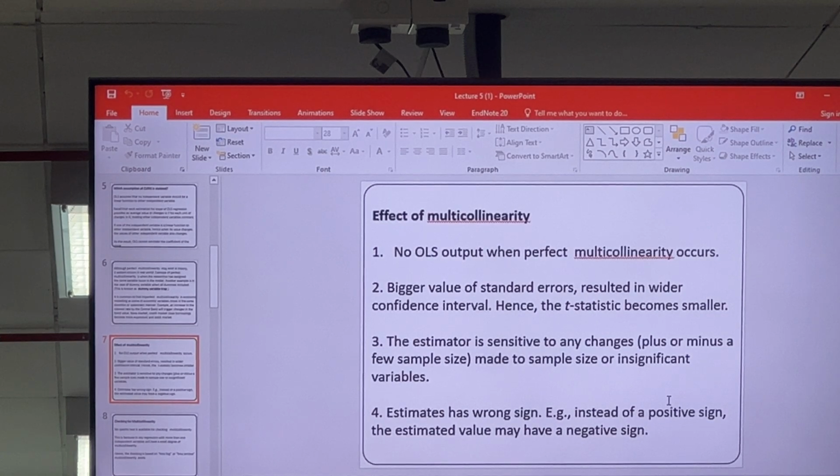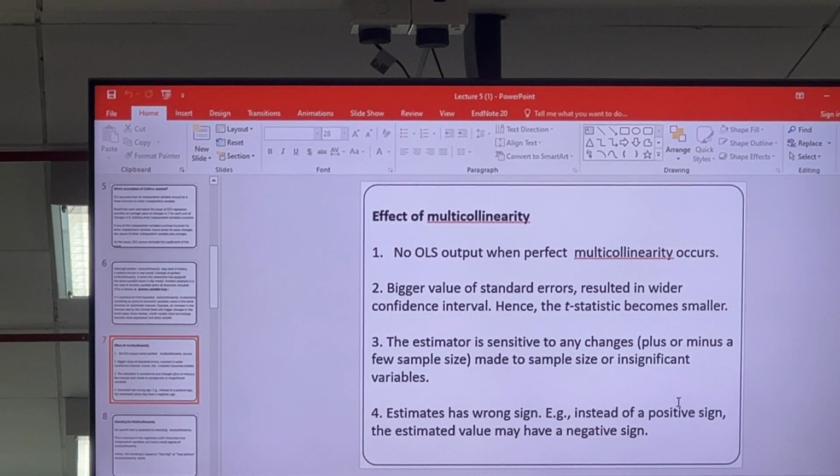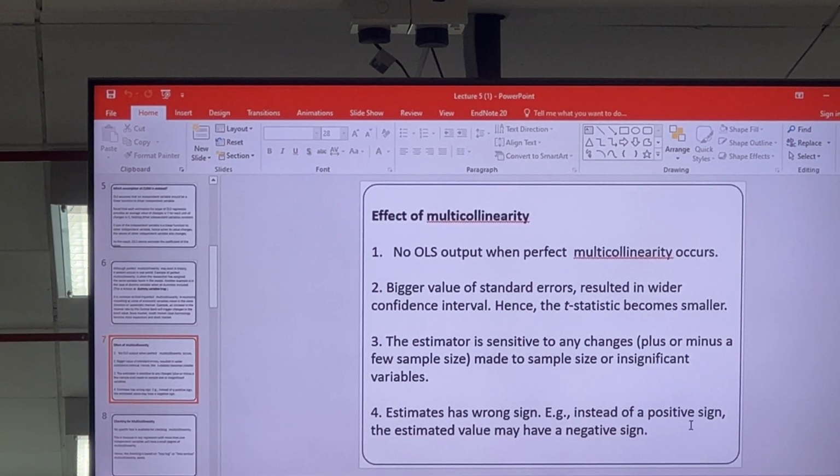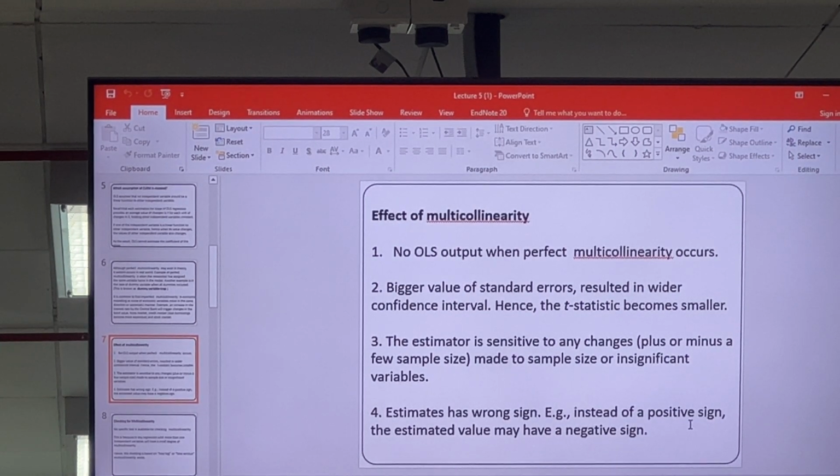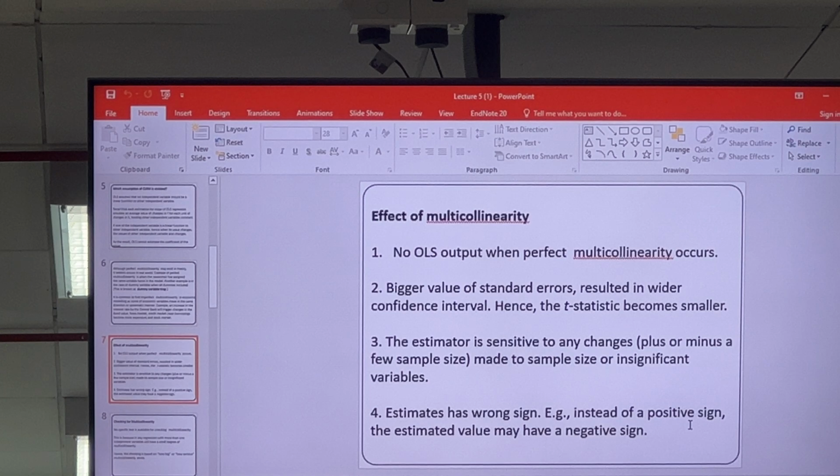And number 4, the estimate has the wrong sign. Although we expect it to be positive, after we estimate we get negative. Later we see an example. Because of the multicollinearity, we get an estimate of the parameter with an incorrect sign. It's supposed to be positive, but we get negative.